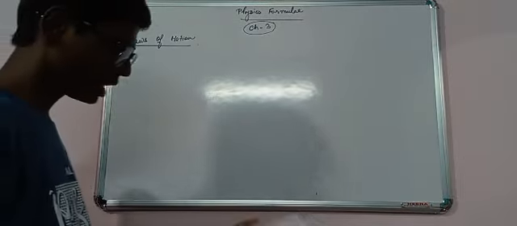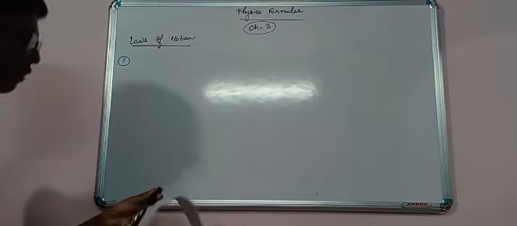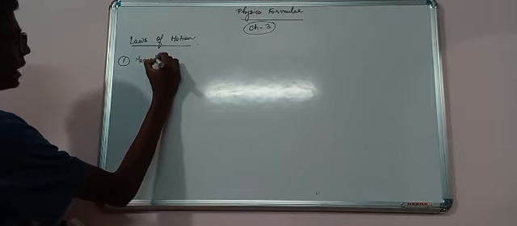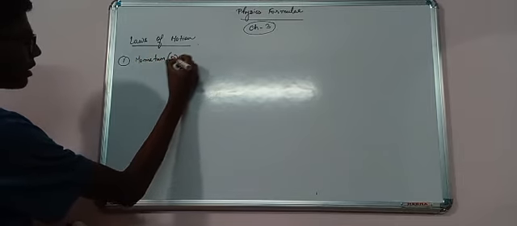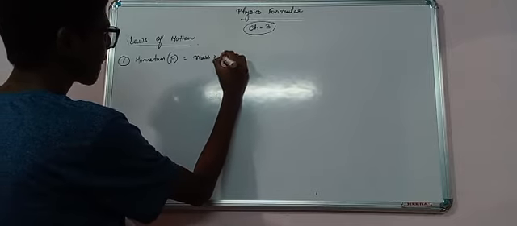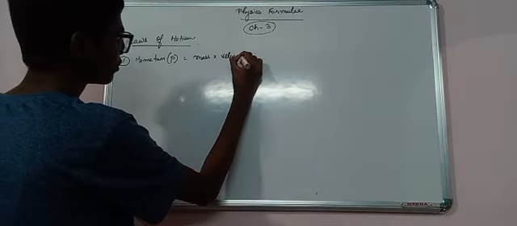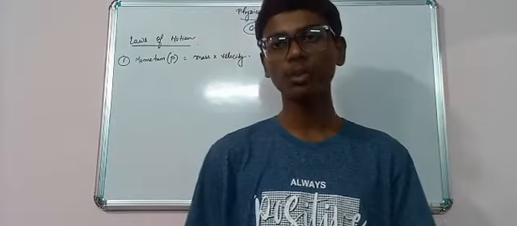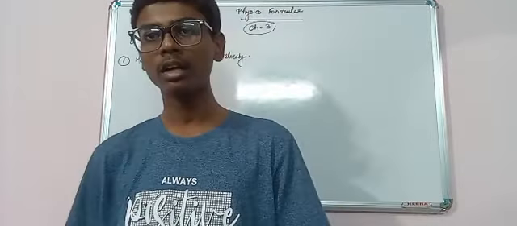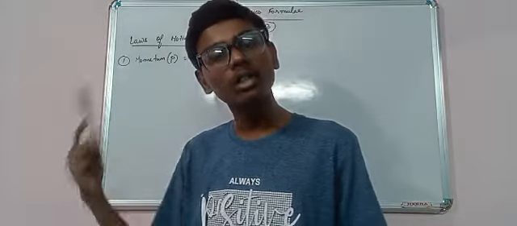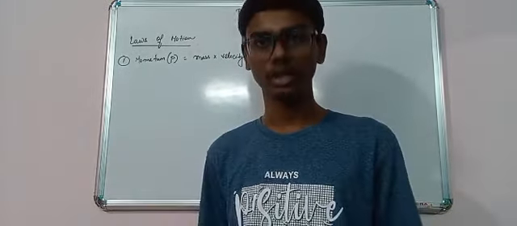Laws of motion. The first formula of laws of motion is momentum. Momentum is represented by the letter P. That is mass into velocity. Now what is momentum? Basically, momentum is the amount of force required in order to stop a moving body.